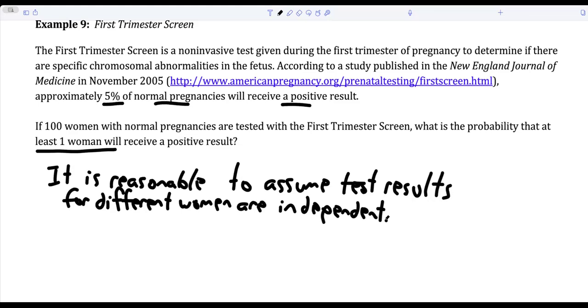So number one, you must establish independence either because it is given to you in the stem of the problem, or you can reasonably conclude that it is true. This is why this problem is in the notes.